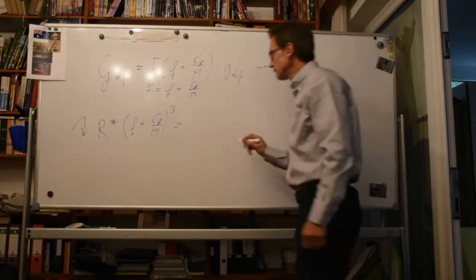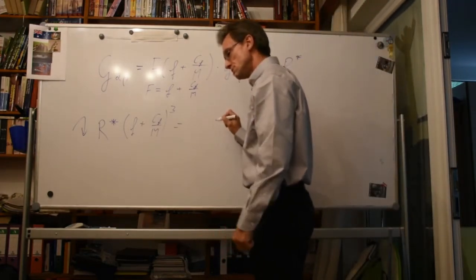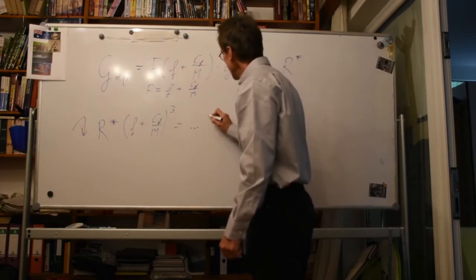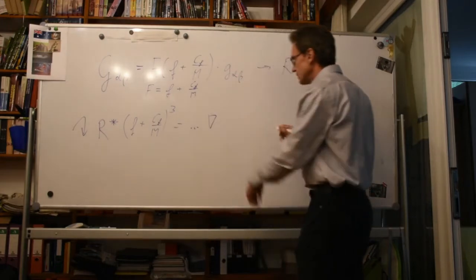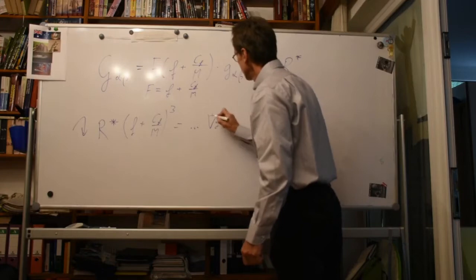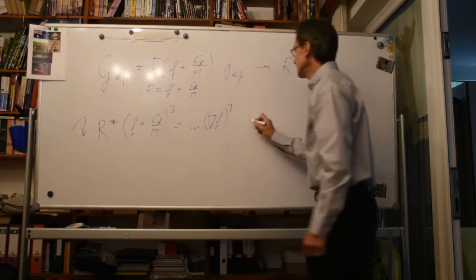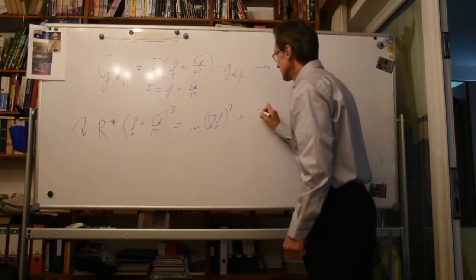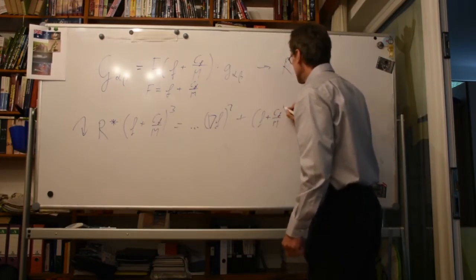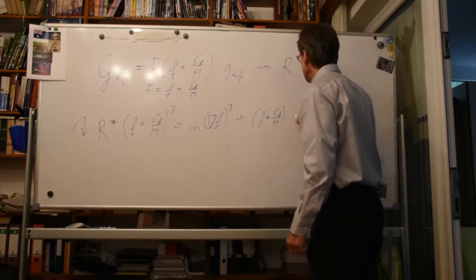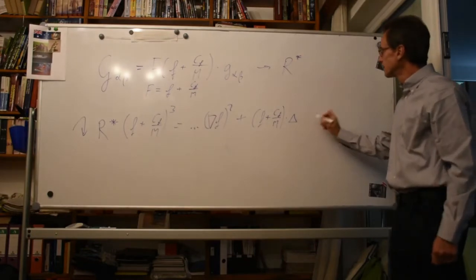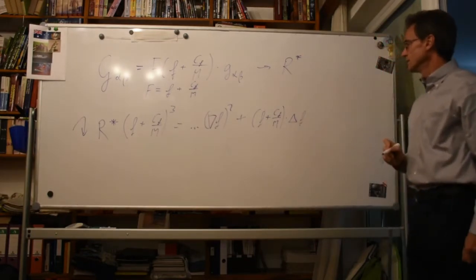And then we have a few terms and an operator, which is kind of a nabla operator working on this function f squared, plus this factor again times the Laplace operator also working on the function f.